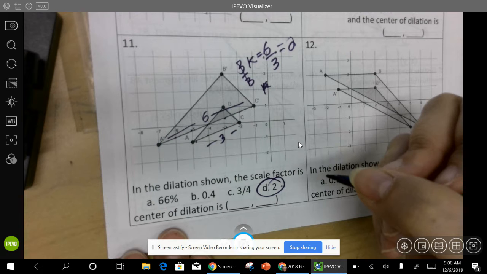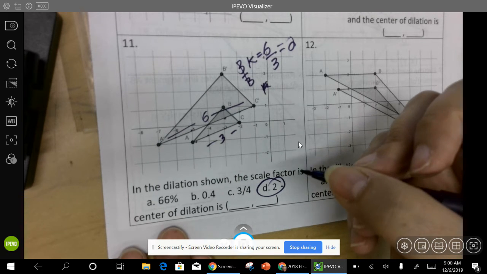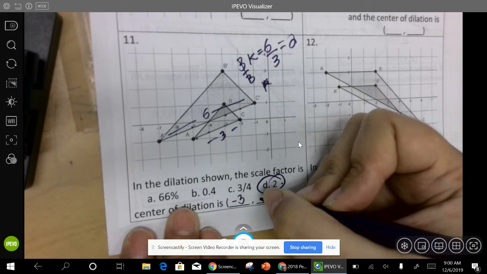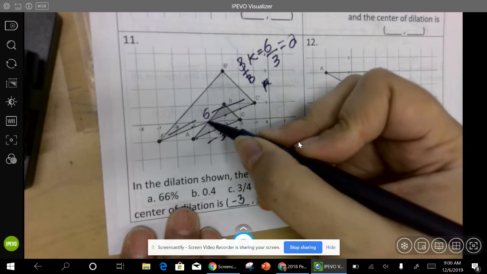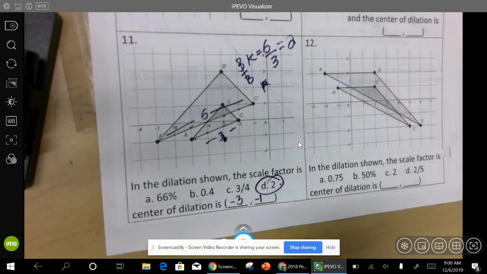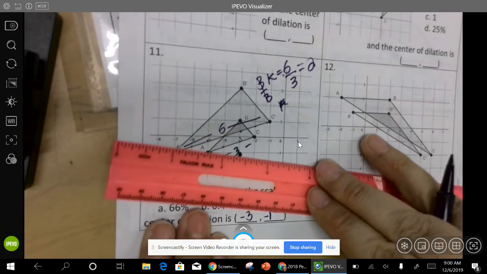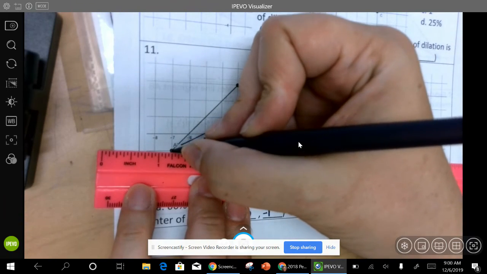The center of dilation, everybody, is going to be -3, -1. Okay, and remember, everybody, how we figure that out is we look at the graph and go, okay, so I line them up just like how we did with drawing them.